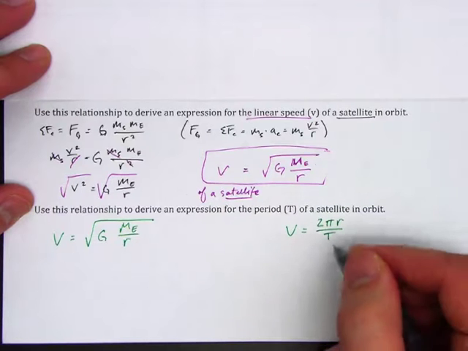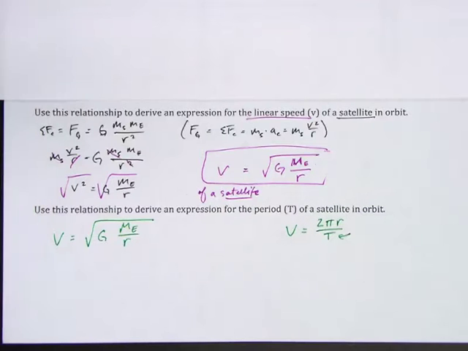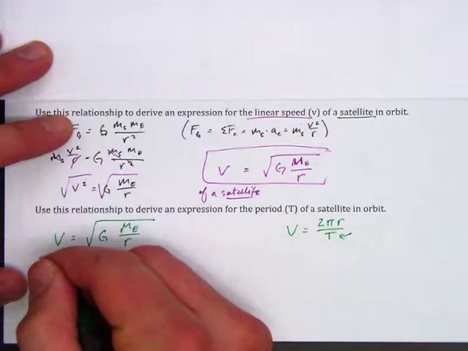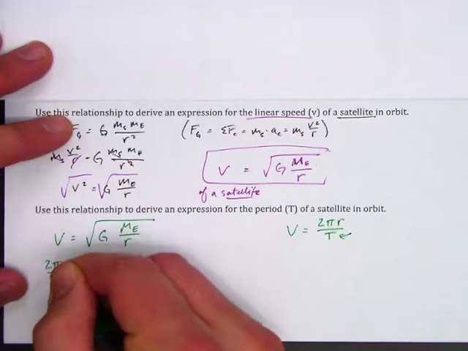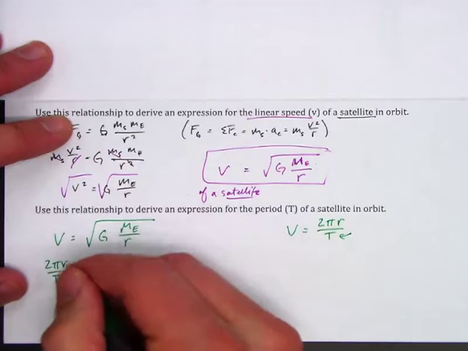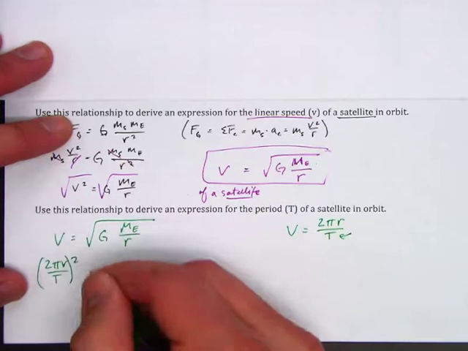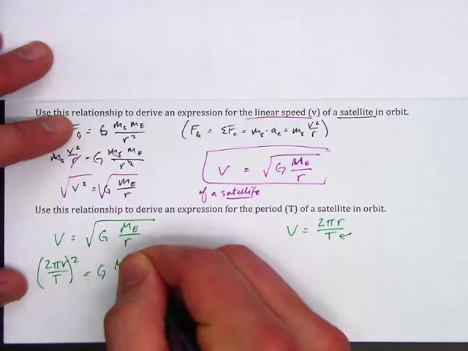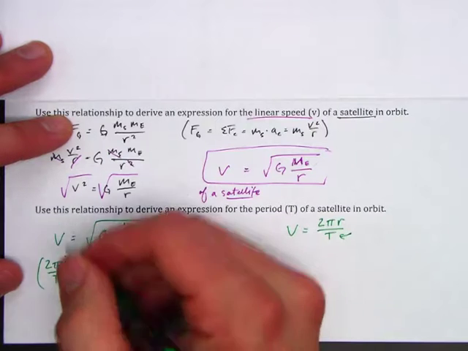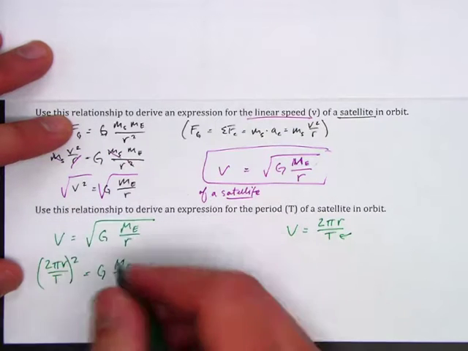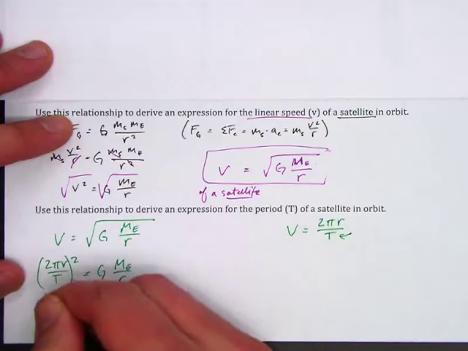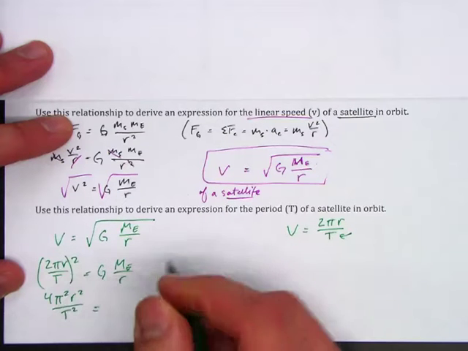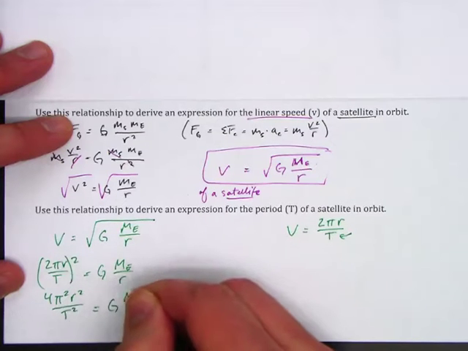So now we want to substitute this in and then get an expression for T. So I'm going to replace v with 2 pi r over T. And to get rid of our square root sign, I'm just going to square both sides. So I get G, mass of the Earth, over the radius, and 4 pi squared r squared over T squared is equal to G, mass of the Earth, over r.